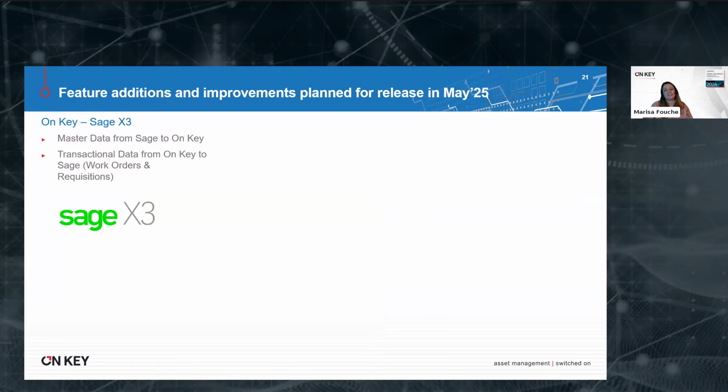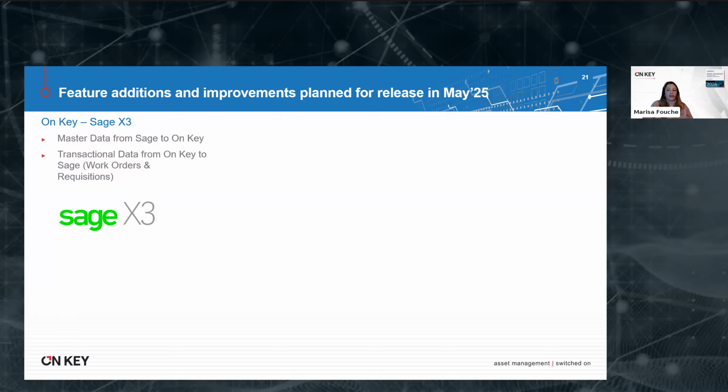Next slide, Stefan. So for our upcoming integrations, there is an Anki Sage X3 integration where the master data resides in Sage, and the transactional data flows from Anki to Sage.